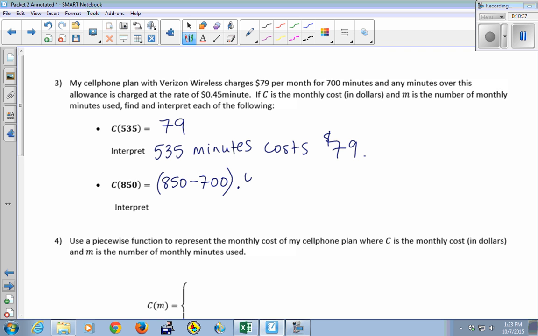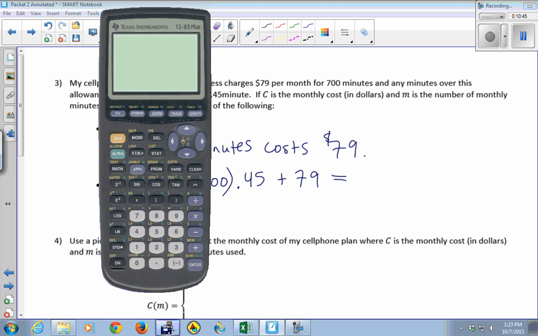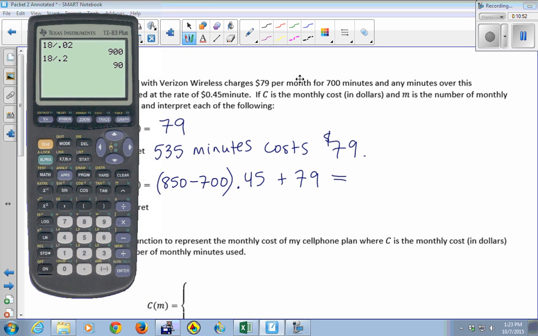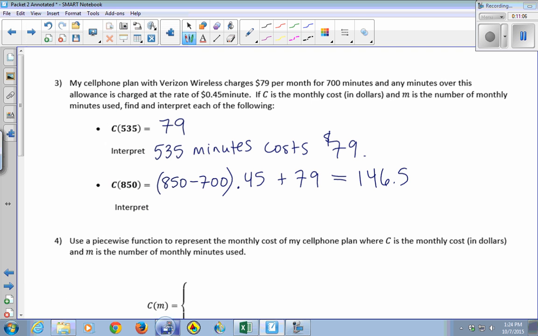You multiply that by 45 cents per minute, and then add on your base fee, $79, and let's see what that comes out to. 150 times 0.45 plus 79, 146.50. So to interpret it, I would say 850 minutes costs $146.50.